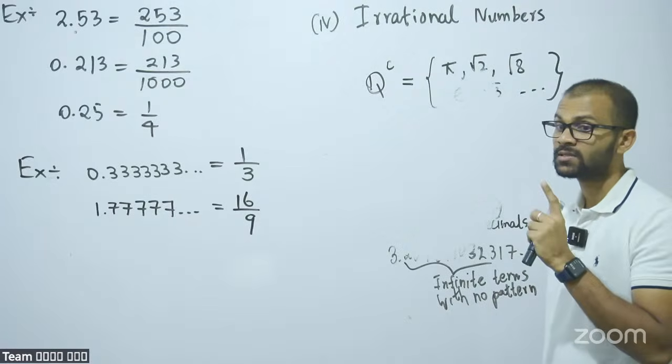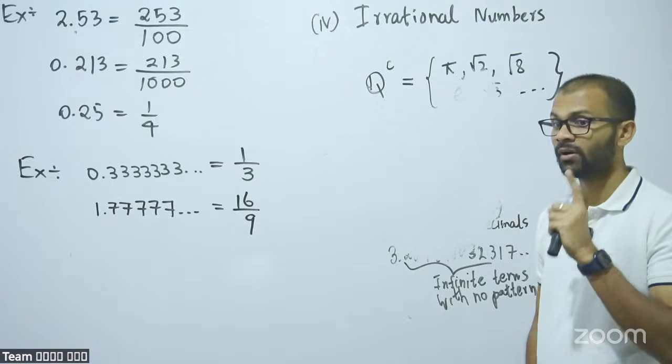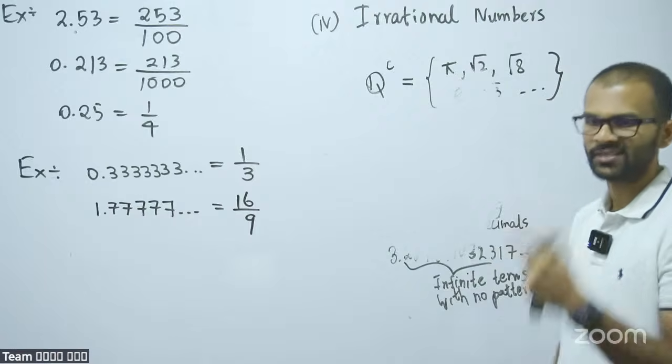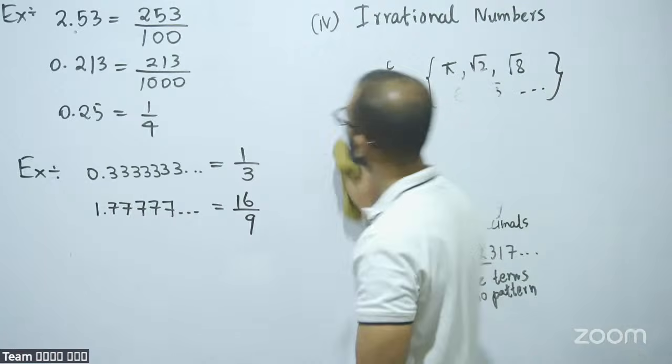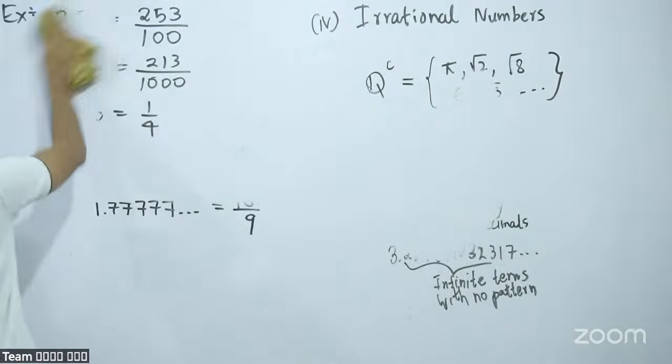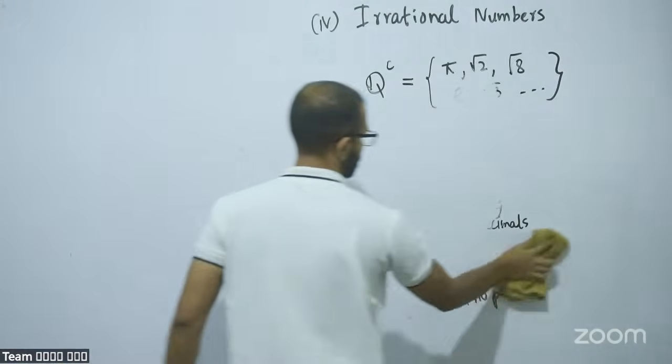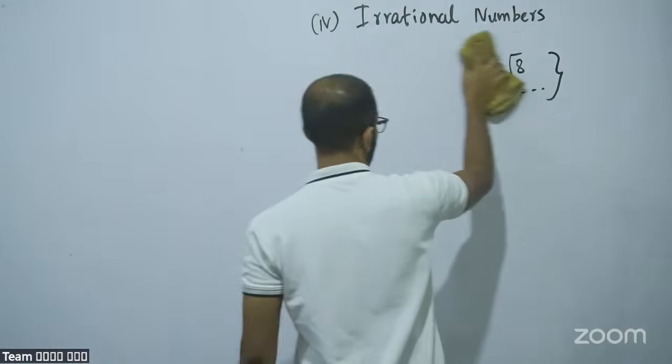If it is an infinite decimal, but with a recurring decimal part, we can convert it to a rational number. Right? Okay.